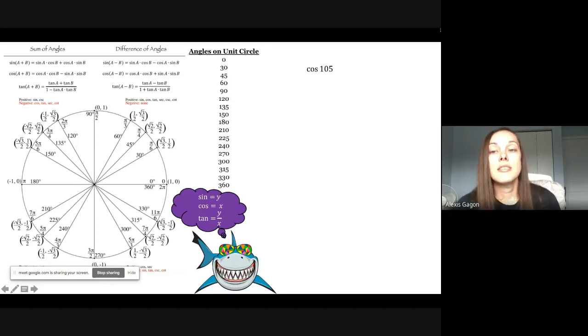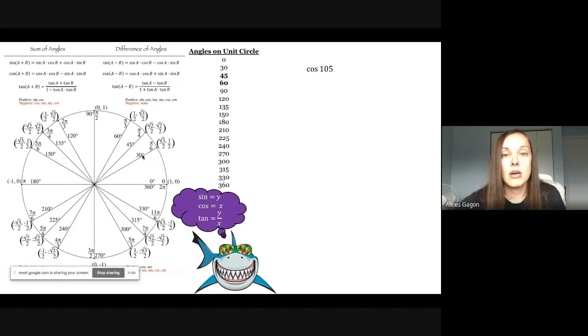So if we're asked to find the cosine of 105, if we look at this circle, there's not 105 on there. But we can make 105 by either adding two of them together or subtracting them. I did it with 45 and 60, but you could do it with 135 and 30 if you subtracted them.